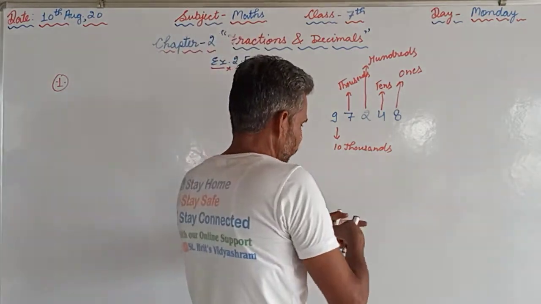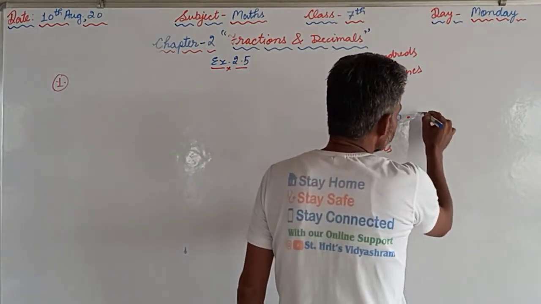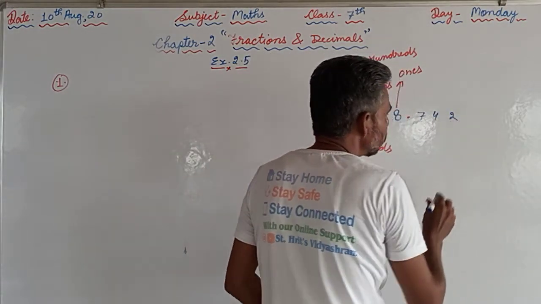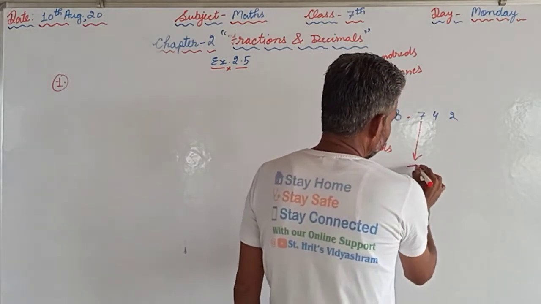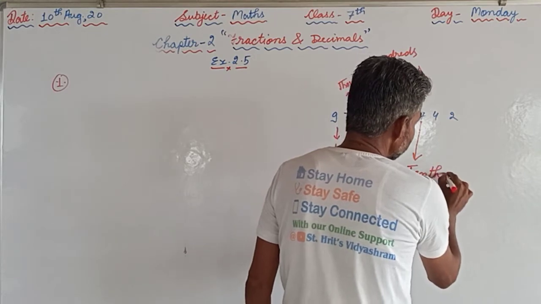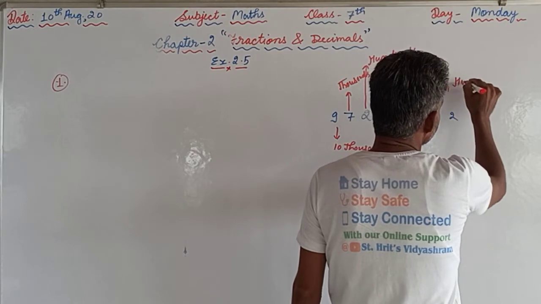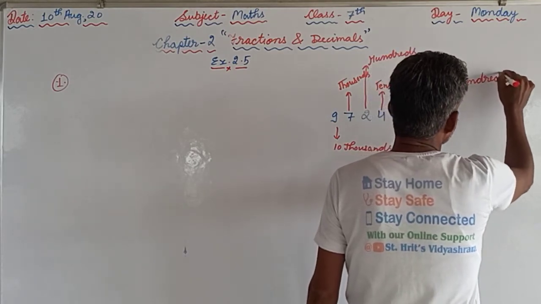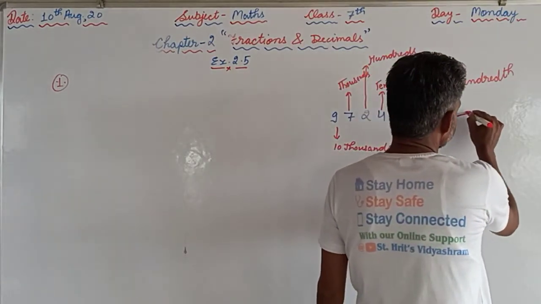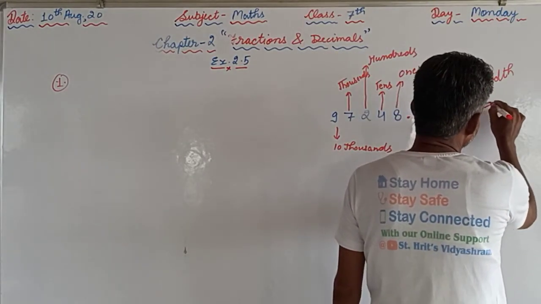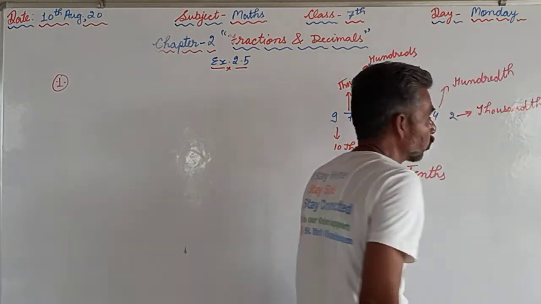But now we are supposed to read the decimal form as well. So after the decimal there will be 7, 4, 2, something like that. So this will be the tenths place, not tens, the hundredth, not the hundreds, and this is the thousandth, not thousands.